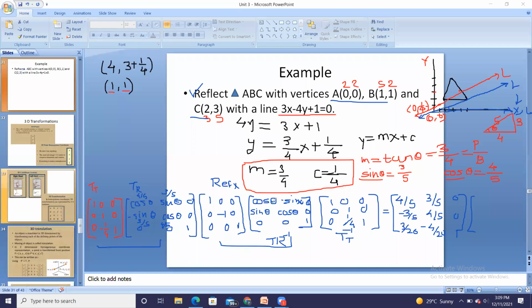So cos theta is 4/5. So here I will have 4/5. Then 0, 0. Then minus 3/5 will be there. Sorry. Yes, minus 3/5.